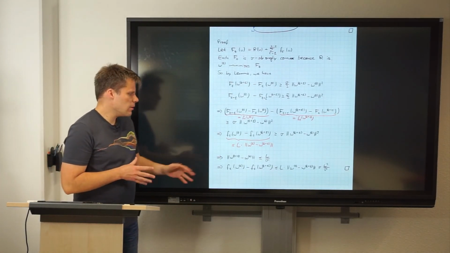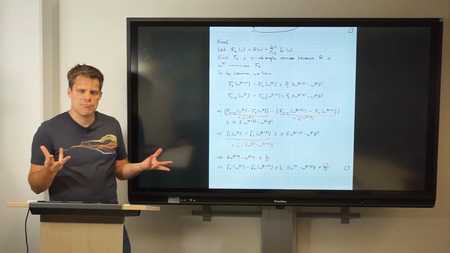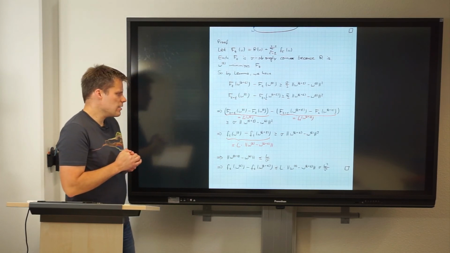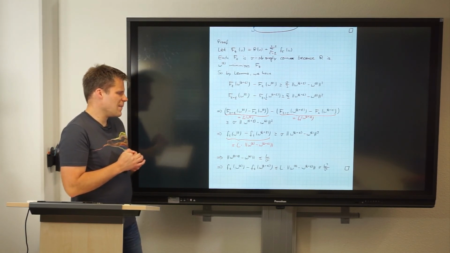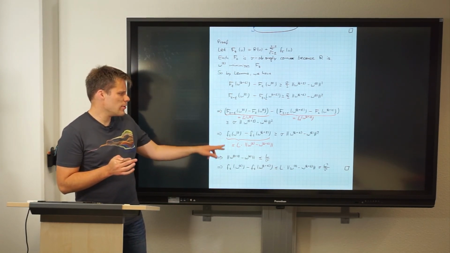So this proof is actually super straightforward and at the same time super confusing, at least to me. Why is it confusing? Because there are these magic steps.